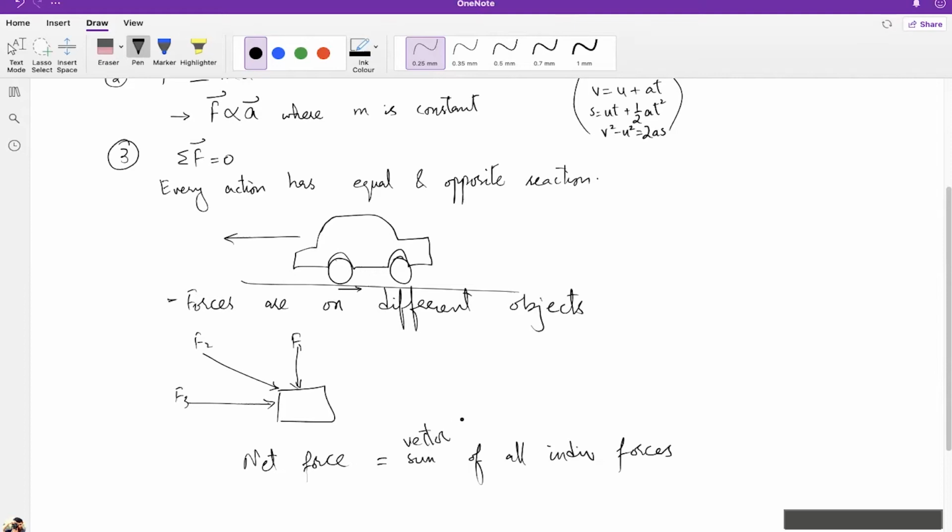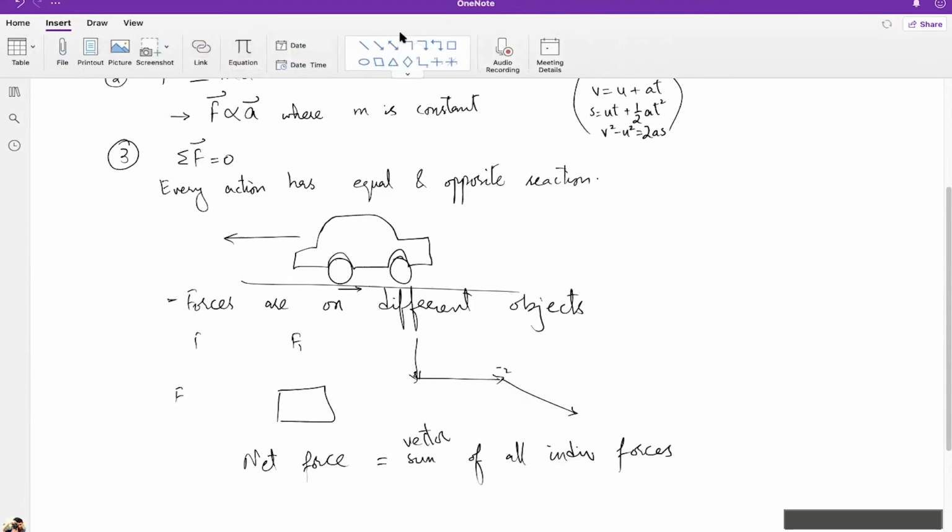So vector sum is you take each vector as it is and you just copy them. So we have seen this before, that you copy this vector here, you copy this other vector here and put it right where the other one ends, and then you take this vector and you put it where the other one ends. Okay, so for example, I could put it here. So my starting and ending point is going to determine what my net vector is going to be.